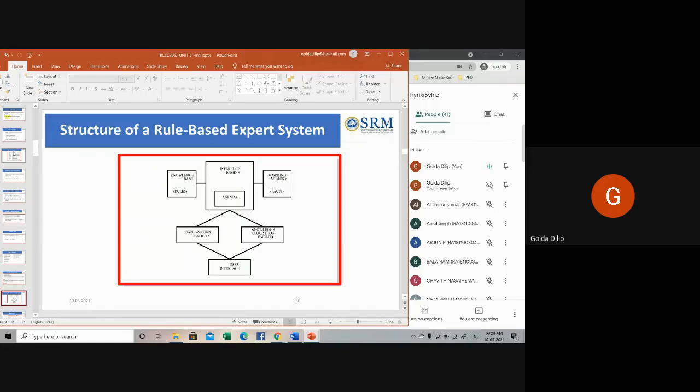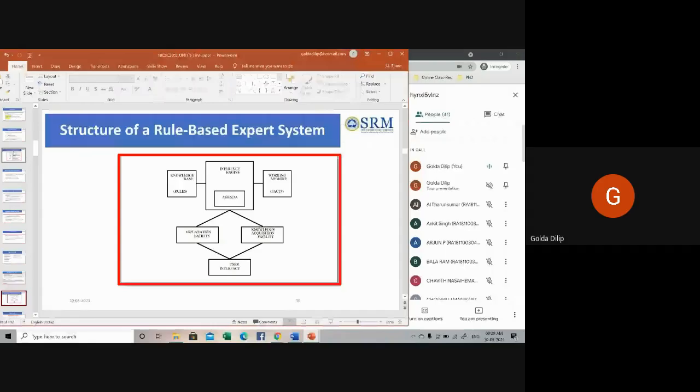To have a good knowledge base, efficient knowledge acquisition is very important. A knowledge acquisition system is a set of programs compiled to extract the expert knowledge effectively. They are not automated systems, but they assist in building the knowledge base.